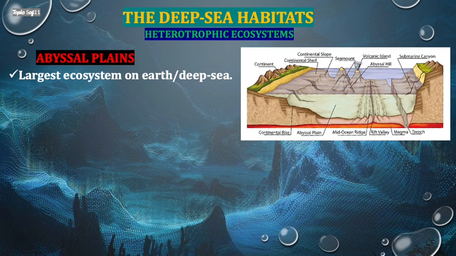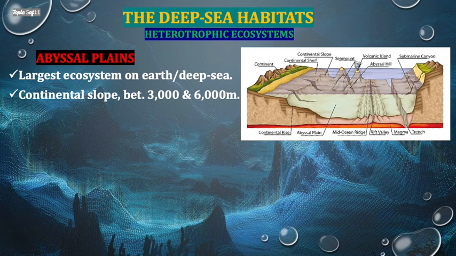Looking at the bottom illustration, compare the size of this area with the adjacent habitats like seamounts or canyons or continental margins. So the abyssal plains are actually very, very large in size.